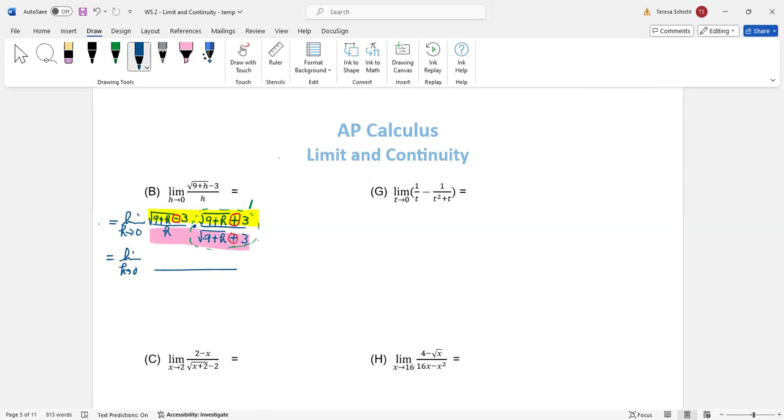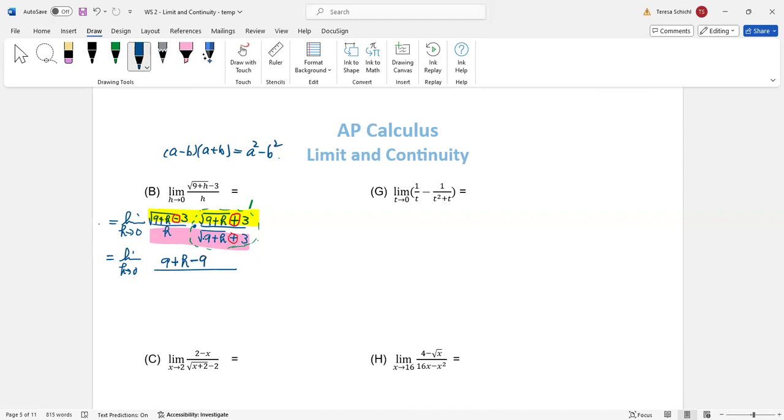So the top here is the square root of 9 plus h minus 3 times the square root of 9 plus h plus 3. This becomes a minus b times a plus b again, right? So this is a squared minus b squared.